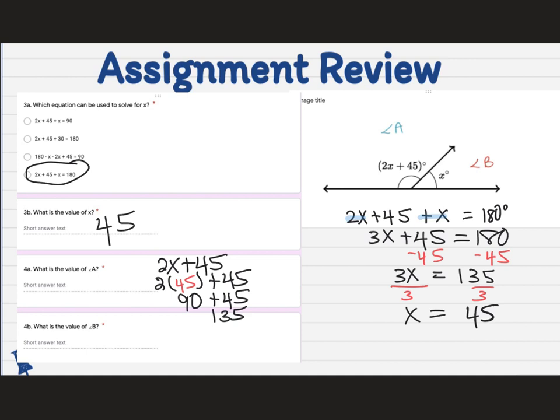So angle A here is 135 degrees. Okay, angle B just says that the value is x. So if I replace x here with 45, then angle B is simply 45 degrees. And 135 plus 45 will give us our supplementary angle of 180.